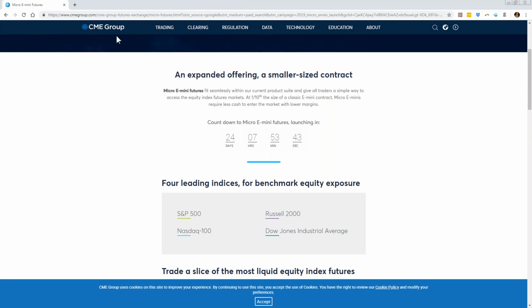There you go. So anything you want to know, it's always a good idea to go to the source, the CME group. 24 days. So next month, the end of next month, they're going to be offering the micro E-mini futures on the S&P, the NASDAQ, the Russell, and the Dow Jones.